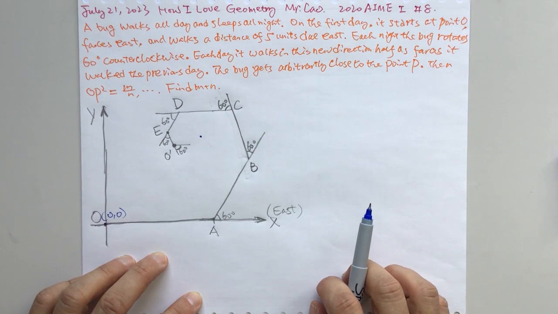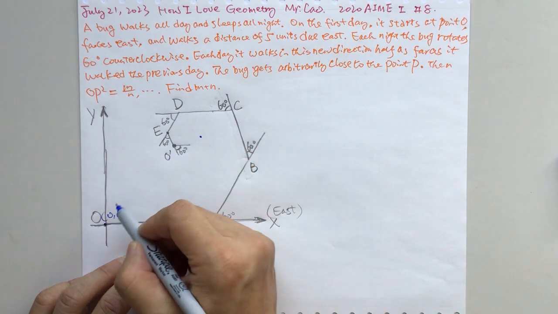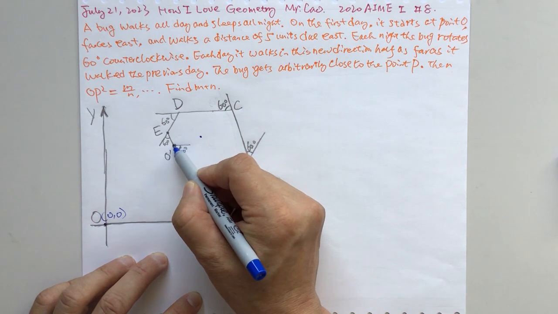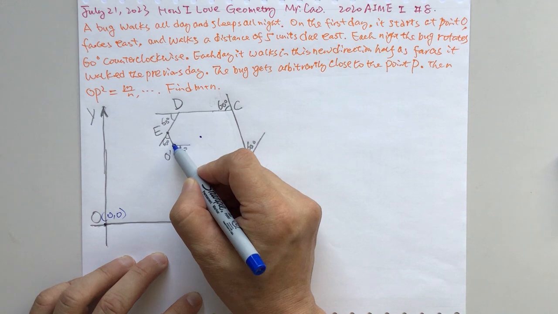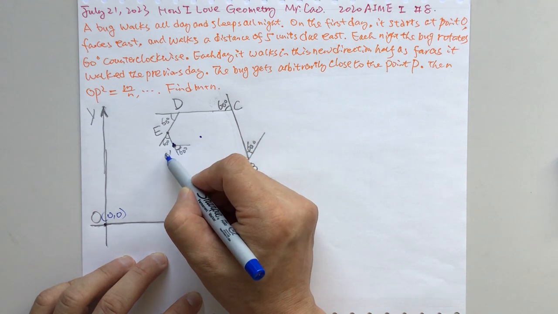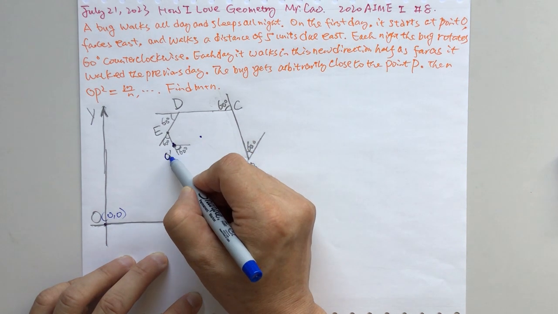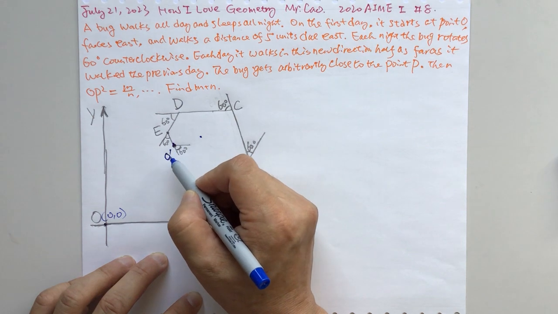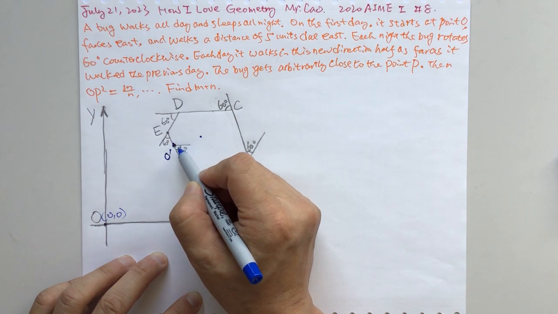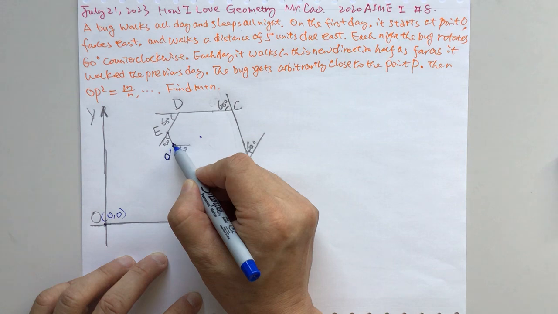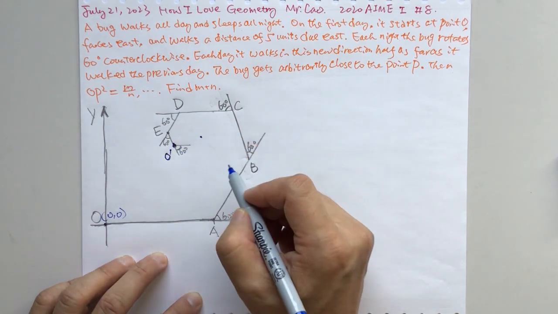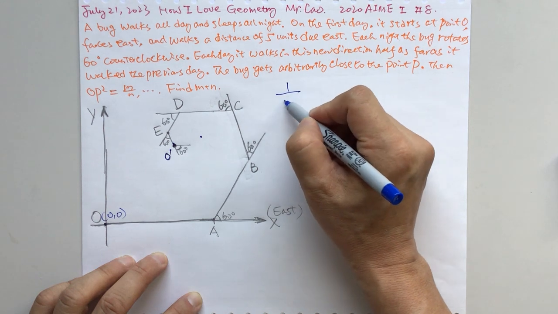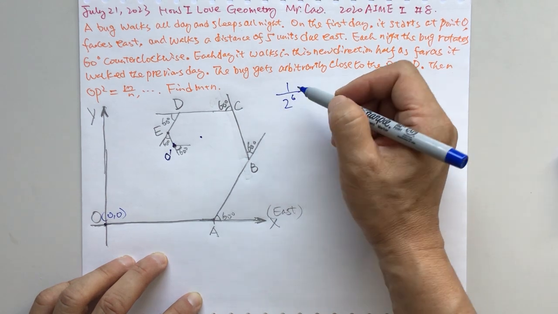If we find the coordinates of the point after the first 6 rotations, call it O prime, then the next 6 steps just repeat this process, but the distance is scaled by 1 over 2 to the 6th power.